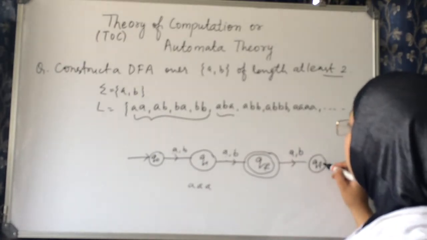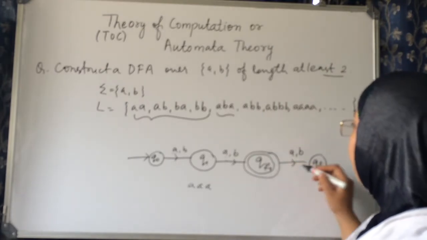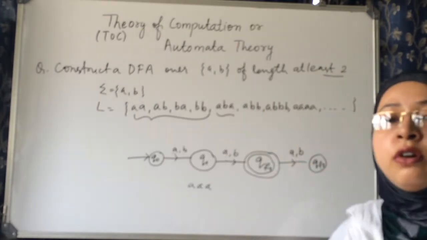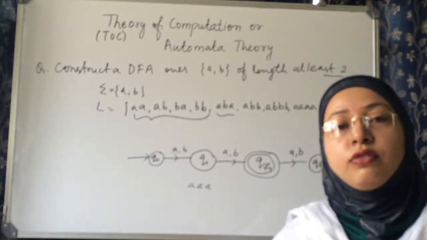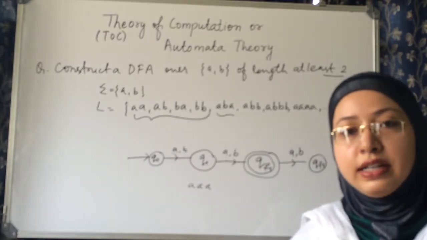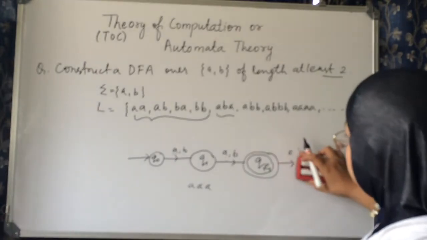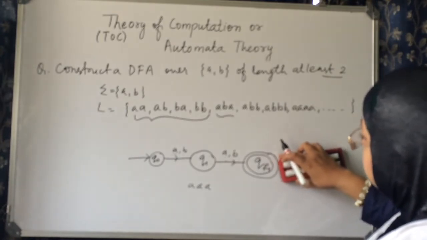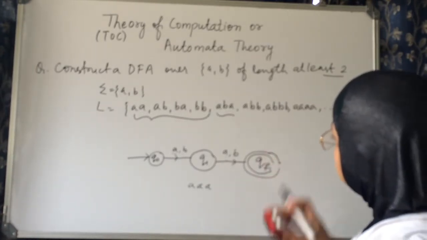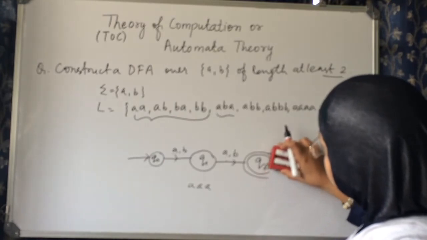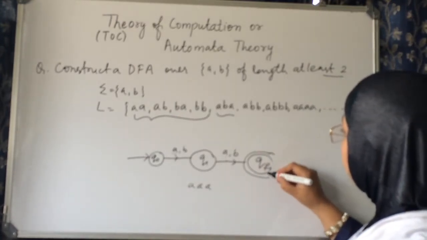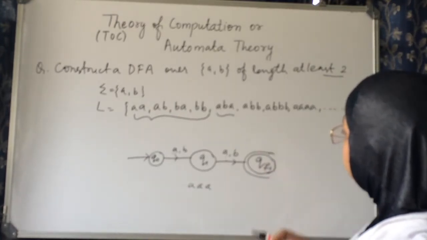But we would have to make QF1, QF2, and we don't need to make these. We have to show that these are going to the final state. So why make another state? Just make a single final state, QF.